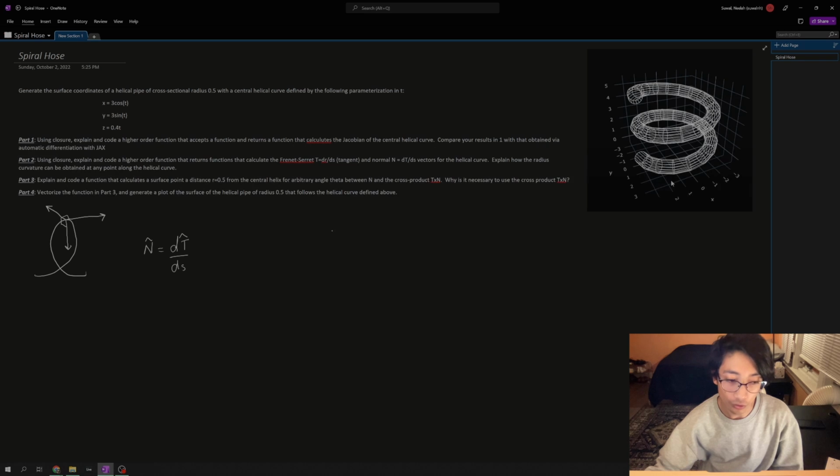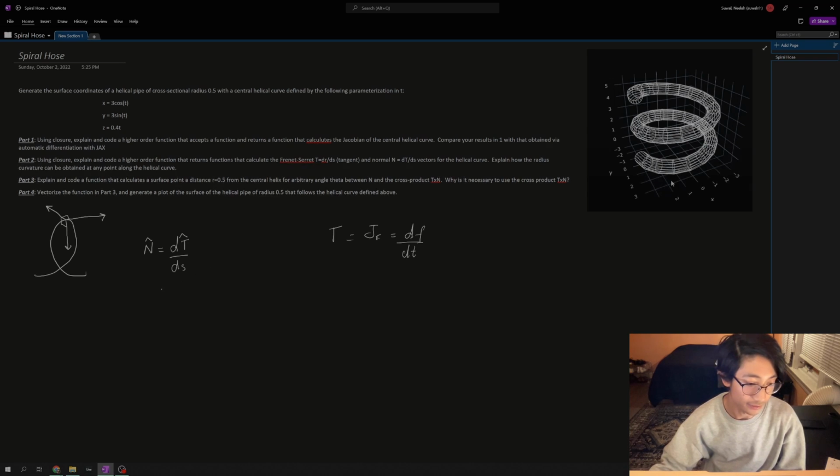Now, we already know what the tangent vector is. It is simply the Jacobian of our function, or let's write this as df over dt. Now, what we can see from here is that if we use the chain rule in this formula, this turns into the derivative of the tangent vector with respect to time times dt over ds.